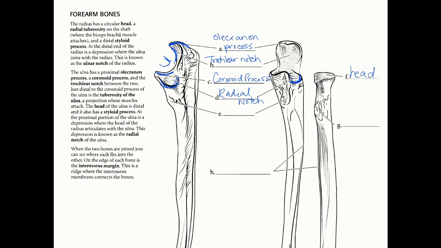And then once you move below the radial notch on the ulna, we have this tubercle, which is the tuberosity of the ulna. From there we move to H, the interosseous margin.